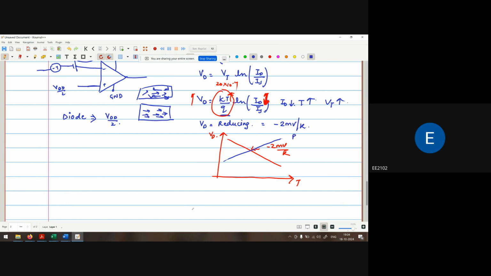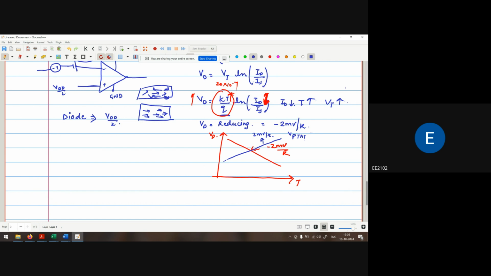What is this one called? VPTAT, sorry, proportional to absolute temperature. So we add one particular component. The slope of this particular component is 2 millivolt per Kelvin. So one component has a slope of -2 and one has a slope of +2.